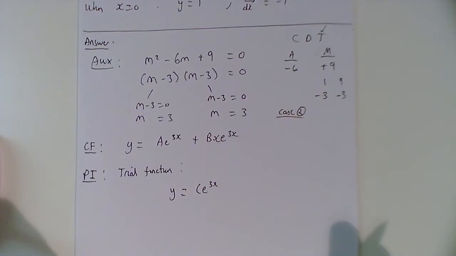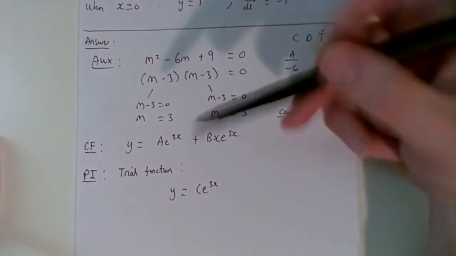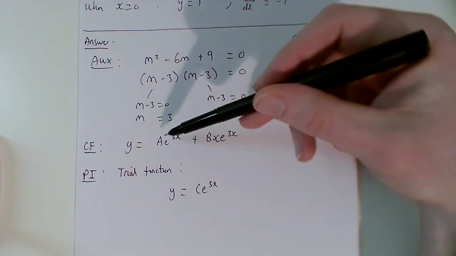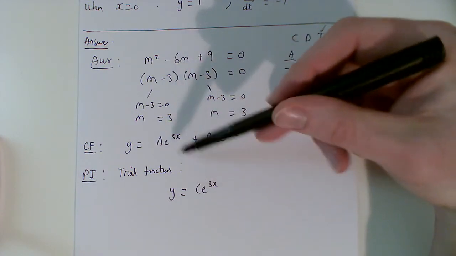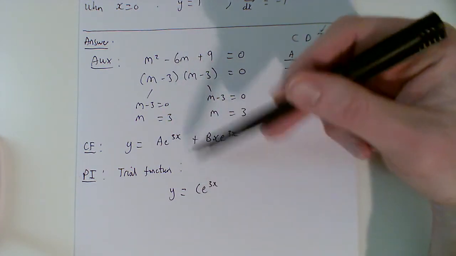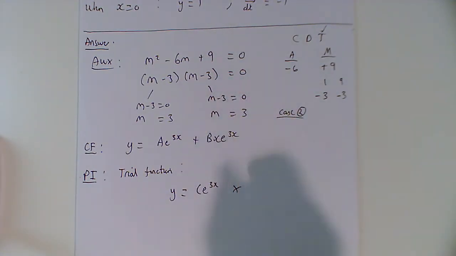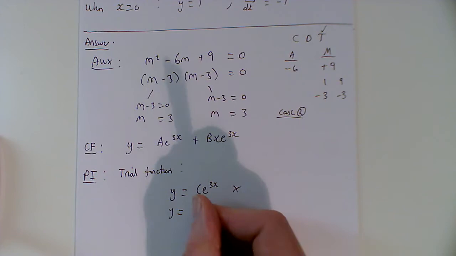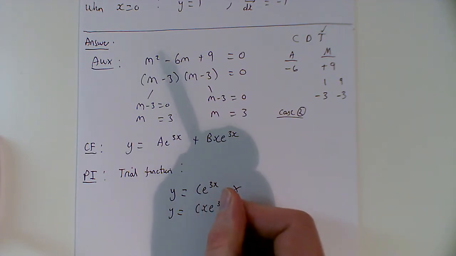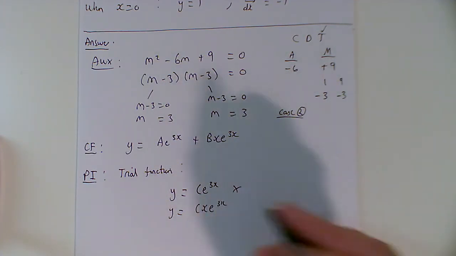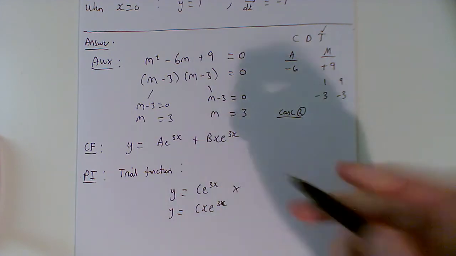But remember what we said in the last example, you've then got to compare that to your complementary function. And we see that this and this are the same term. And we can't have that. So that's not going to work. So we've put in an extra x. Right, and then again, compare that to your complementary function.